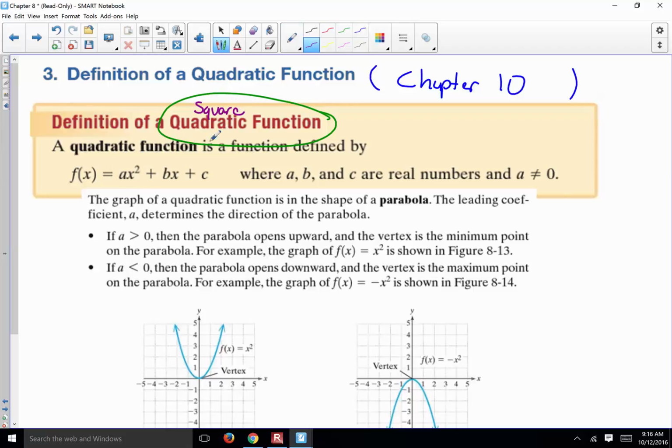What makes them called quadratic is this term. So this term is a must. You must have something with a square, not anything higher than a square though. If you have a cube, we don't call it quadratic anymore. So you must have something with a square. So what are the other two leftover items then? These are optional. Sometimes they disappear in the equation. You may or may not see bx and c all the time.